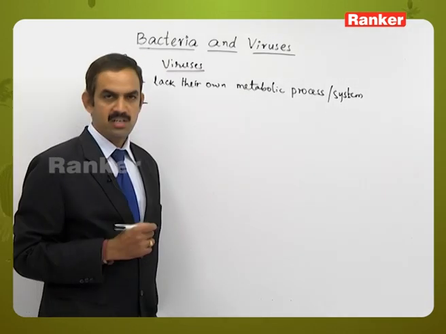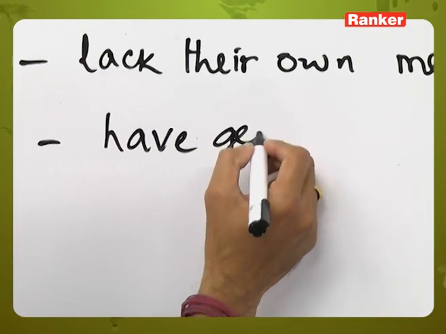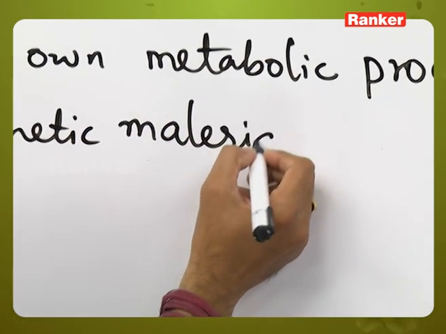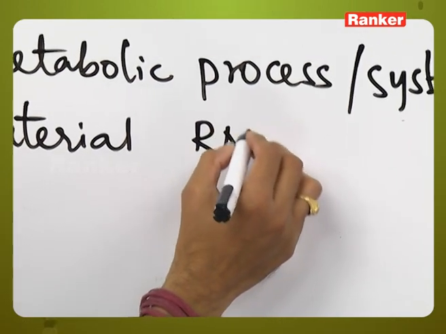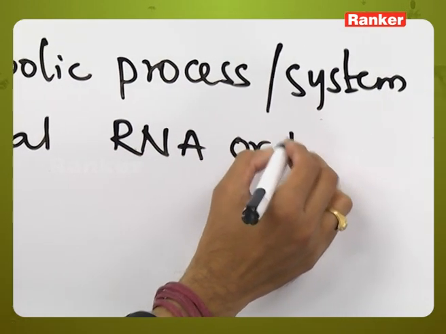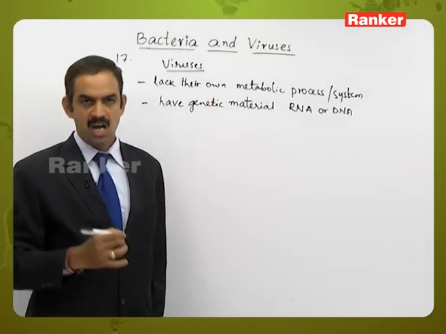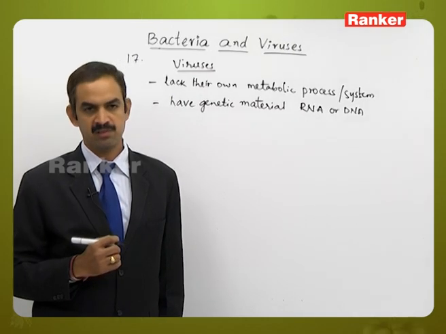And generally the viruses have genetic material, which will be in the form of either RNA or DNA. That means no virus will have both types of genetic material within the same virus.